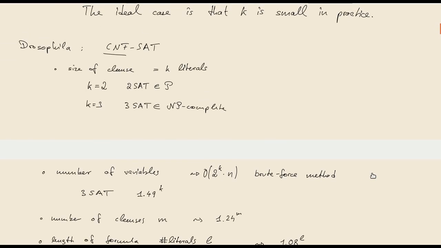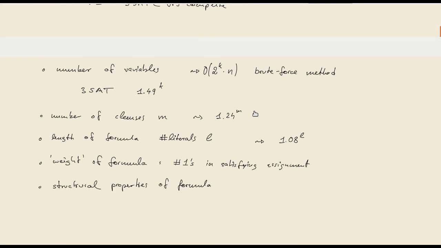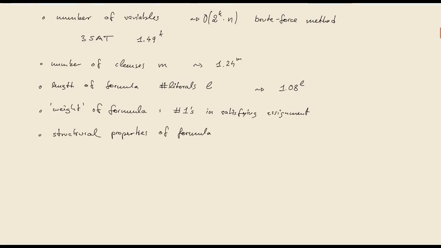Here we've only talked about the ordinary decision version of SAT. You can do similar things for the max SAT problem. And there you have an additional parameter that you can take. So let me add for max CNF SAT, an additional parameter might be the threshold that we are interested in.